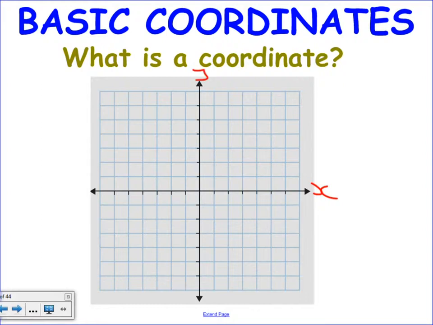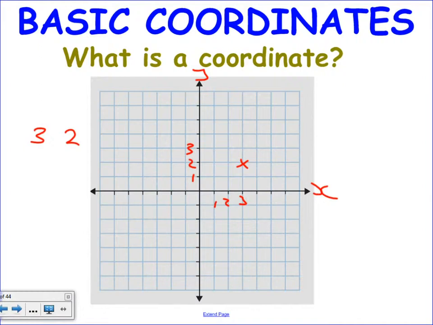And when you're giving a position, let's say I've got 1, 2, 3, 1, 2, 3, and I've got this point here that I want to plot, how do I describe that as a coordinate? What comes first, the X or the Y? Alphabetically X comes first, so it's 3 along, and then it's 2 up. Does that look like a coordinate? What's missing?